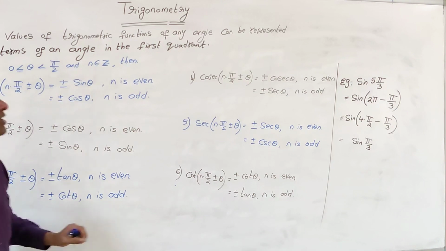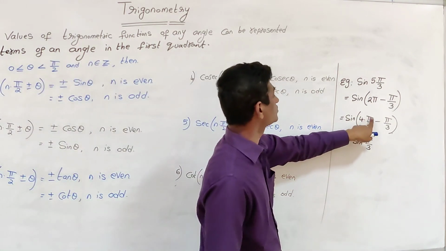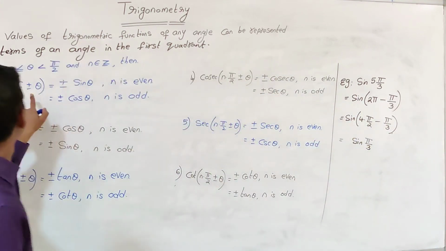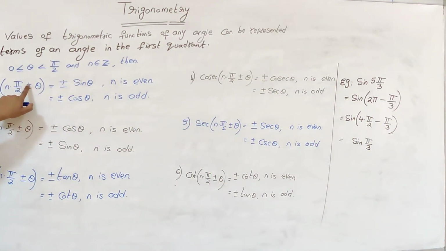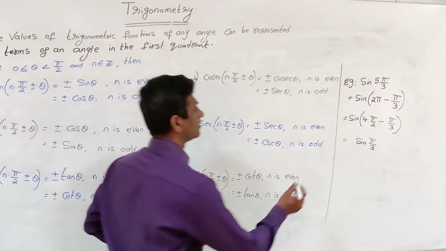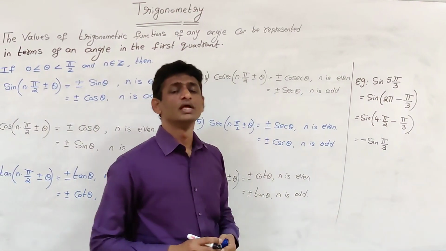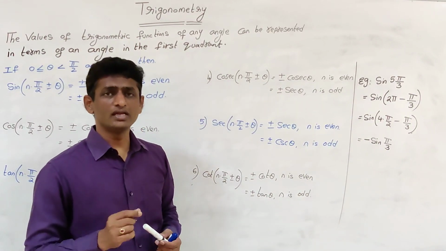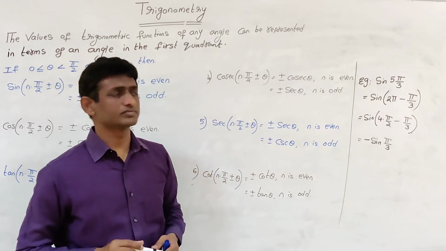Now 4 times pi by 2 minus pi by 3, if you observe, is 2 pi, an angle which lies on the x-axis.